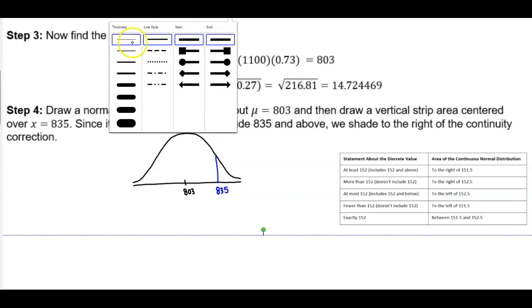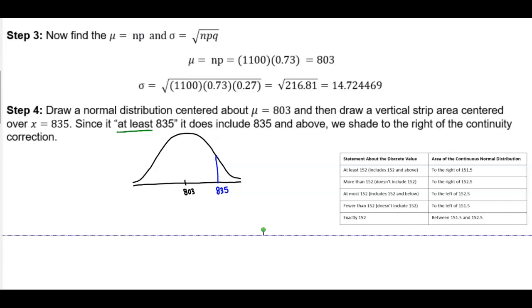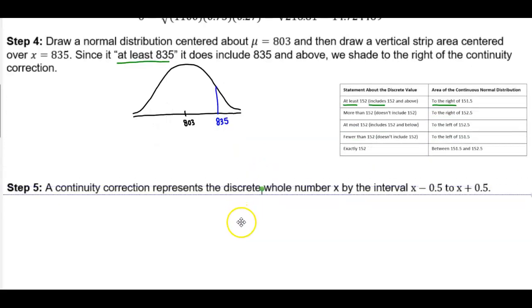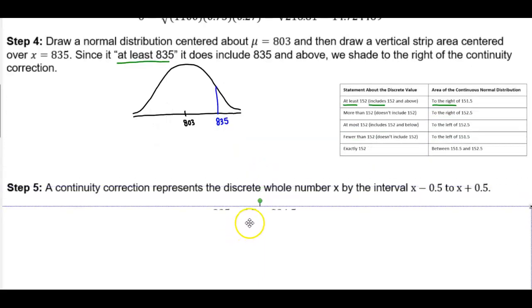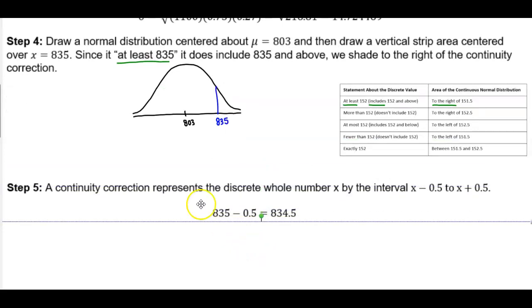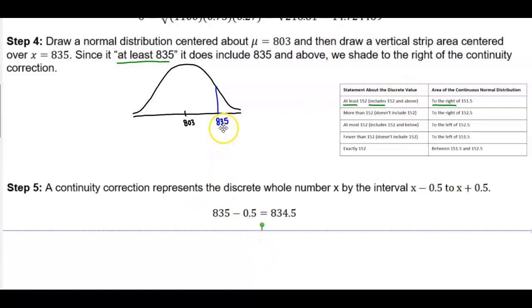Now recall that we're looking for at least 835. So at least means that we have to include the 835, and it's going to be to the right of the continuity correction. A continuity correction represents a discrete whole number x by the interval of x minus 0.5 to x plus 0.5. So since we need to include 835, we need to subtract 0.5 from 835 to get 834.5.